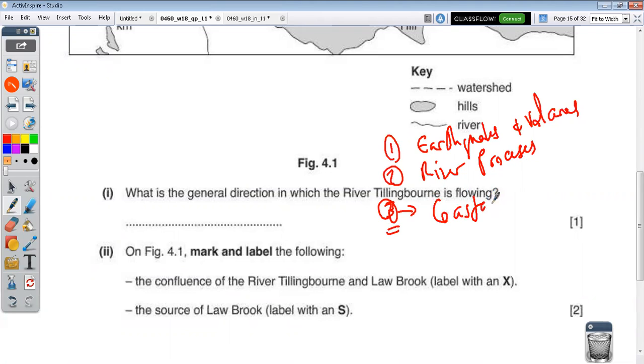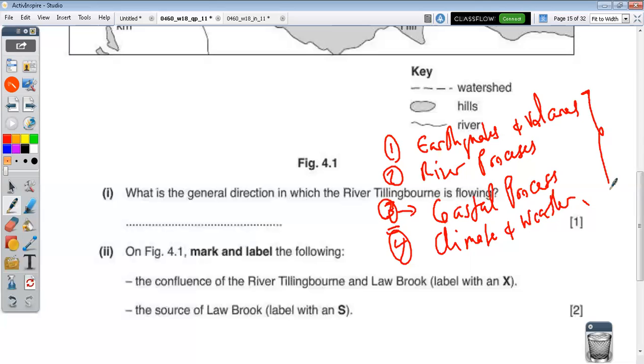Then coastal processes, then climate and weather. That's all you need to know for physical geo.